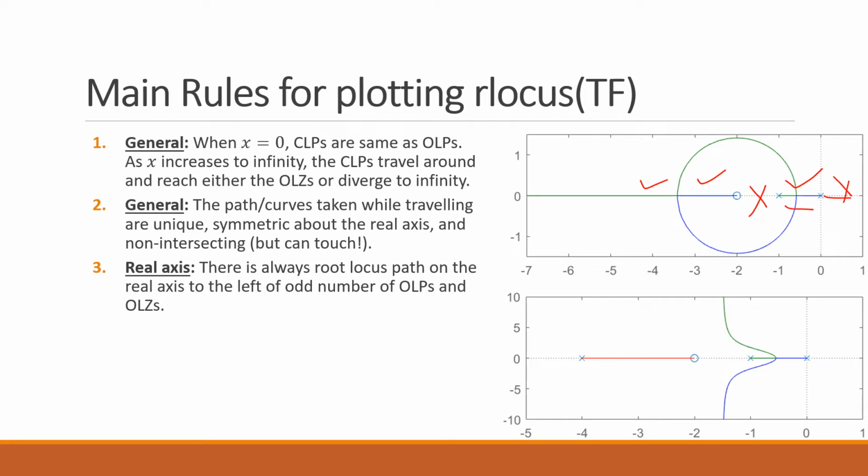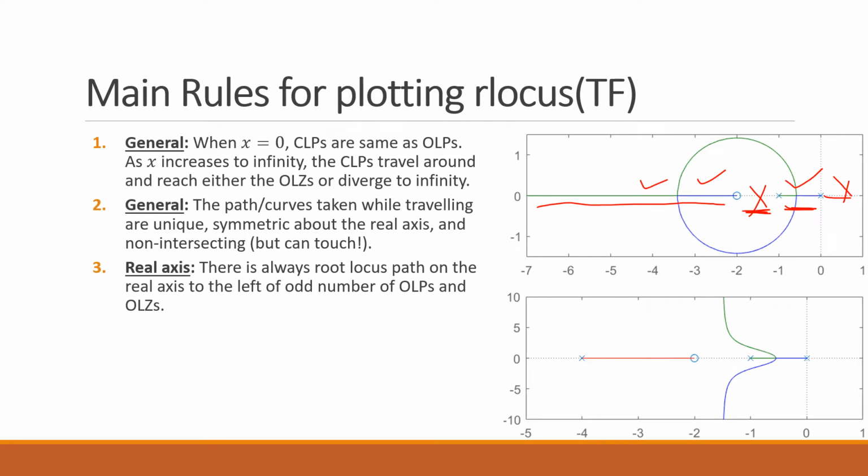This portion over here is to the left of one open loop pole. This portion over here on the real axis is to the left of two crosses, and 2 is even, so that doesn't happen. And then this portion over here is to the left of 3 open loop poles or open loop zeros, and 3 is odd, so that's okay.